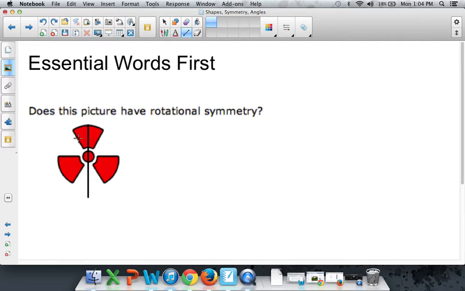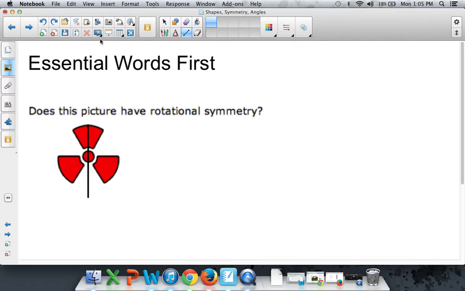Now, as you can see, I drew a line down the middle, and both sides are indeed the same. The left side has a little fin, half a circle, and a big fin. And the other side has a little fin, half a circle, and a big fin. It's kind of like a mirror. Each side is a mirror image of the other.